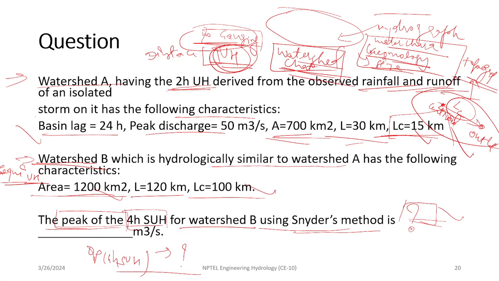Unknown parameters can be the peak discharge, the time base, or the time to reach the peak value, any parameter it could be. But one crucial thing you have to see is that we need to generate coefficients from watershed A, and those coefficients will be used in watershed B in order to derive other parameters.